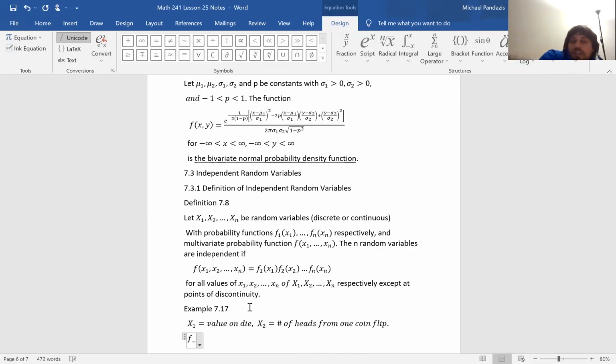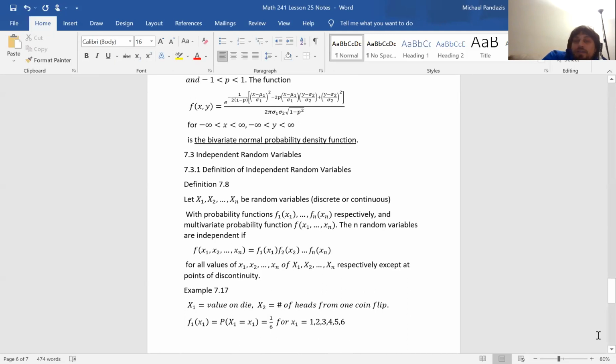Now f sub 1 of x1 is equal to the probability that X1 is equal to little x1, and that's 1/6 for all values of x1, so for x1 equal to 1, 2, 3, 4, 5, and 6.